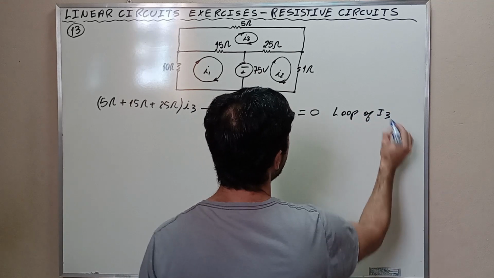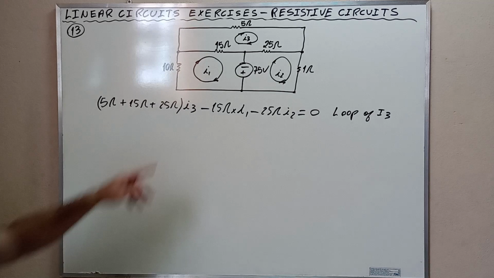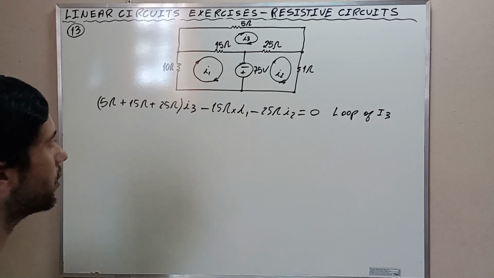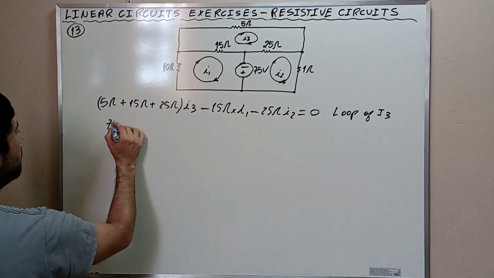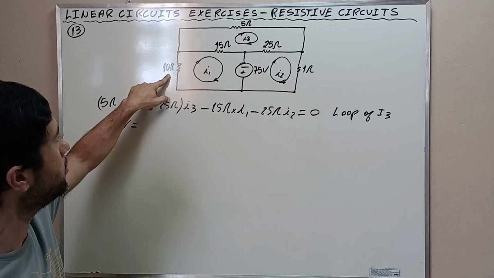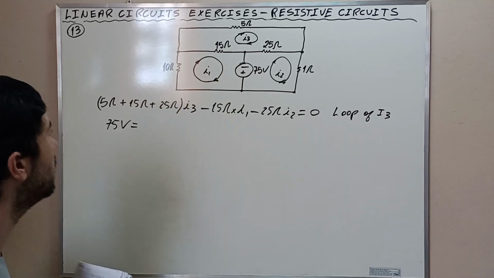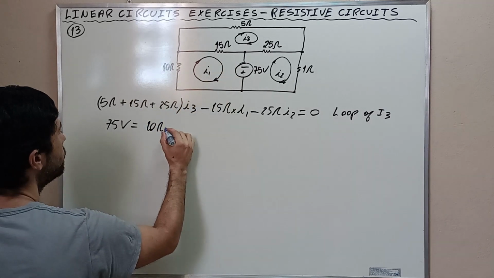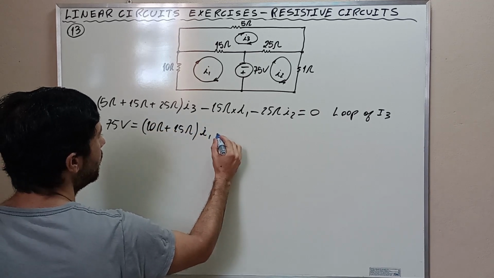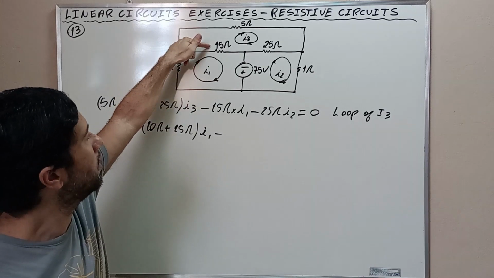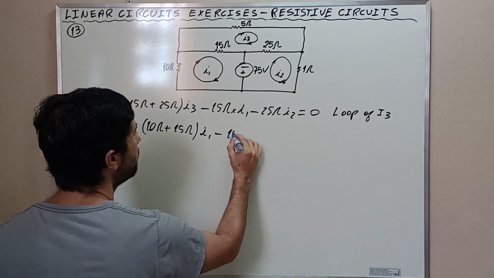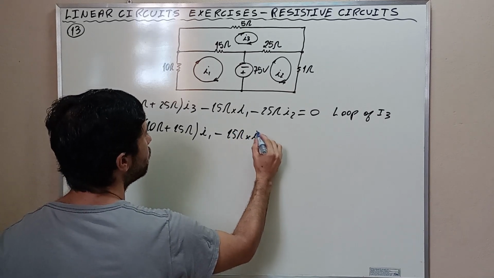Similarly, we are going to proceed for this current here. Observe that we have a voltage source here. We are going to begin with the voltage source. 75 volts is equal to, I1 passes here and here, so it is 10 ohms plus 15 ohms times I1 minus, here we saw that I3 passes in that direction, minus 15 ohms times I3.